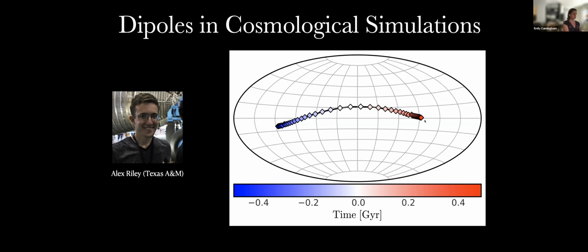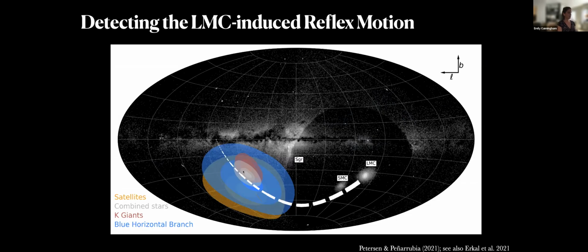When he measures the direction of the dipole, he finds that the dipole is pointing back to where the LMC was in its orbit, and it continues to point to where the LMC was as the LMC has passed pericenter, which is consistent with the result from Peterson and Penarubia, who find that the dipole is oriented towards where the LMC was in its orbit before pericenter.